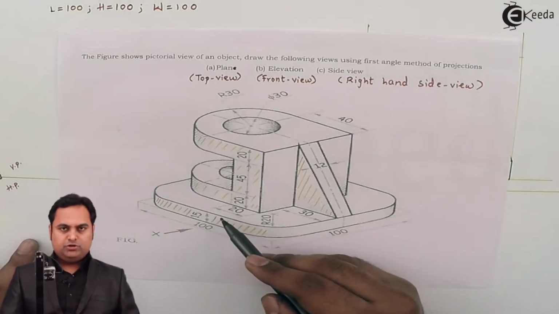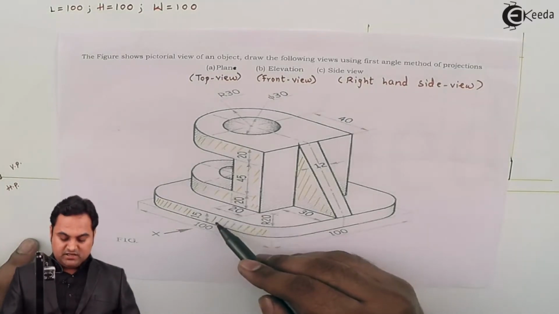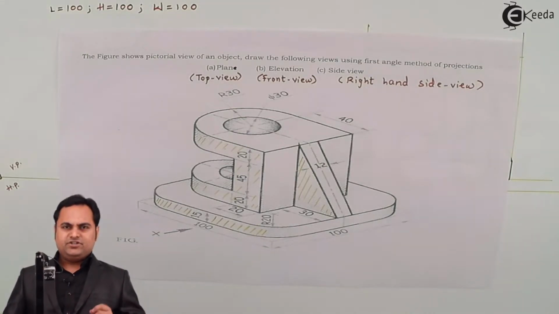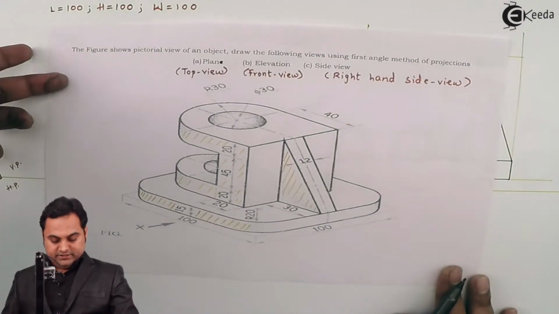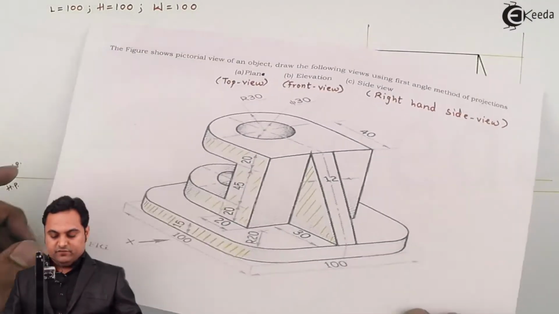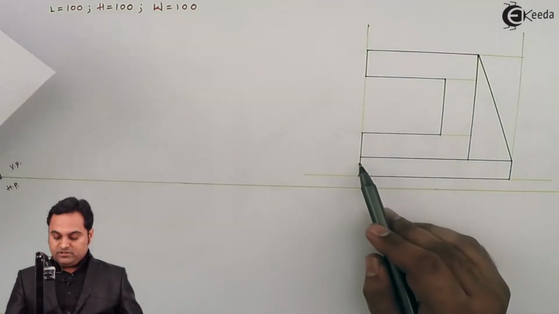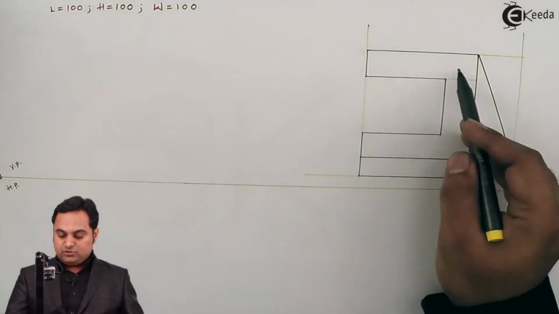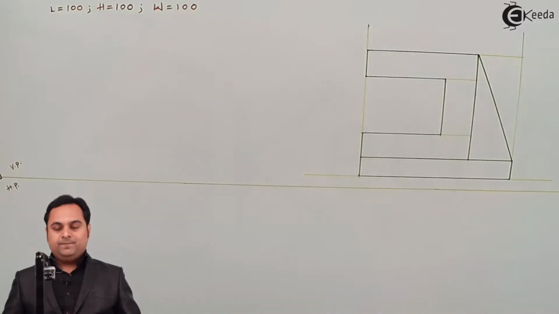So while drawing orthographic projection, there should be a dark line in between these two plates, and that dark line will indicate the change of plane. So here in the diagram, what I have drawn in the front view, this dark line indicates the change of plane between these two plates and the bottom plate.